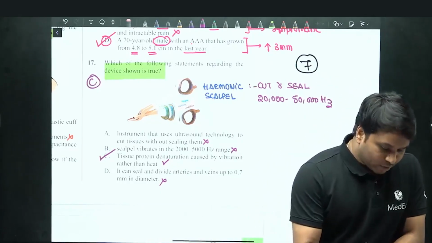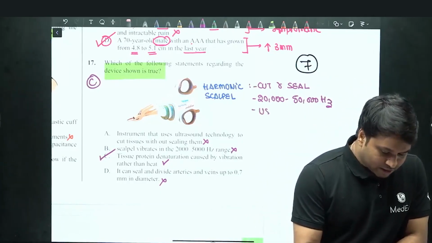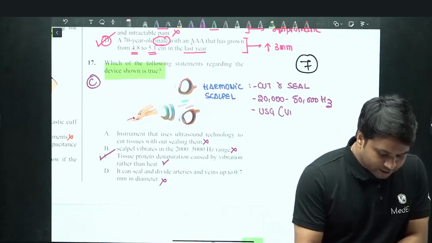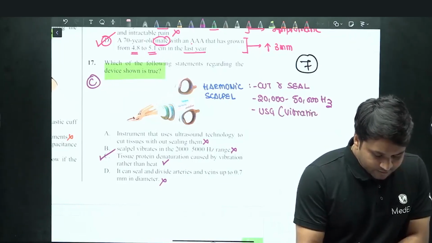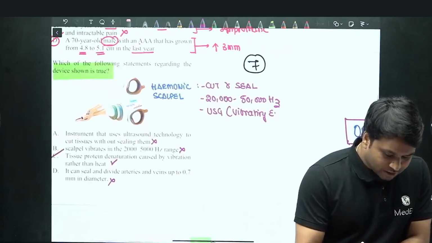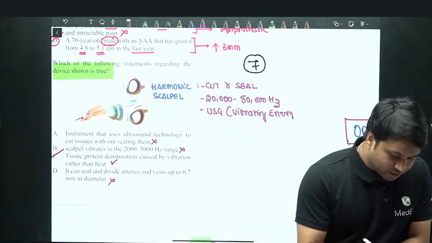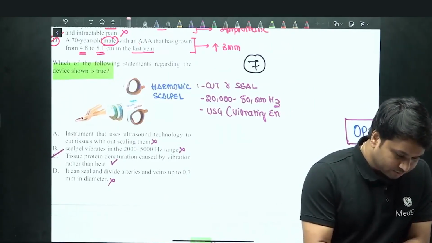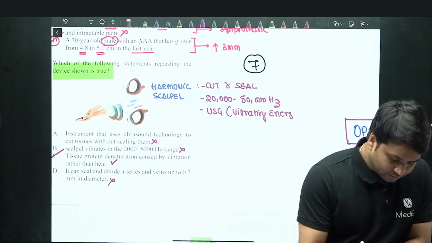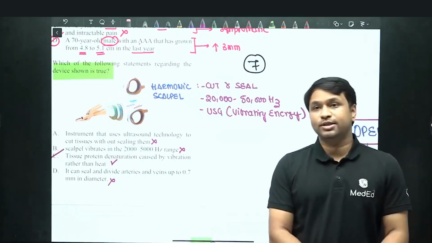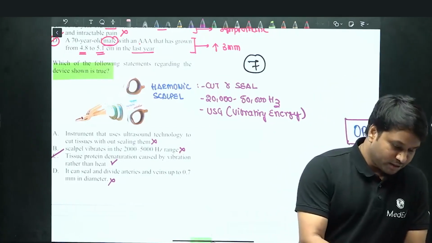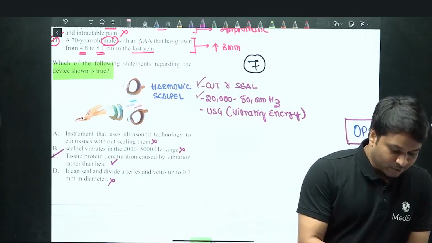Now remember, the harmonic scalpel uses ultrasonic energy, that is vibrating energy, and this vibrating energy causes protein denaturation. It is the vibrating energy that causes the protein denaturation. So it is going to cut and seal. It vibrates at 20 to 50,000 hertz.